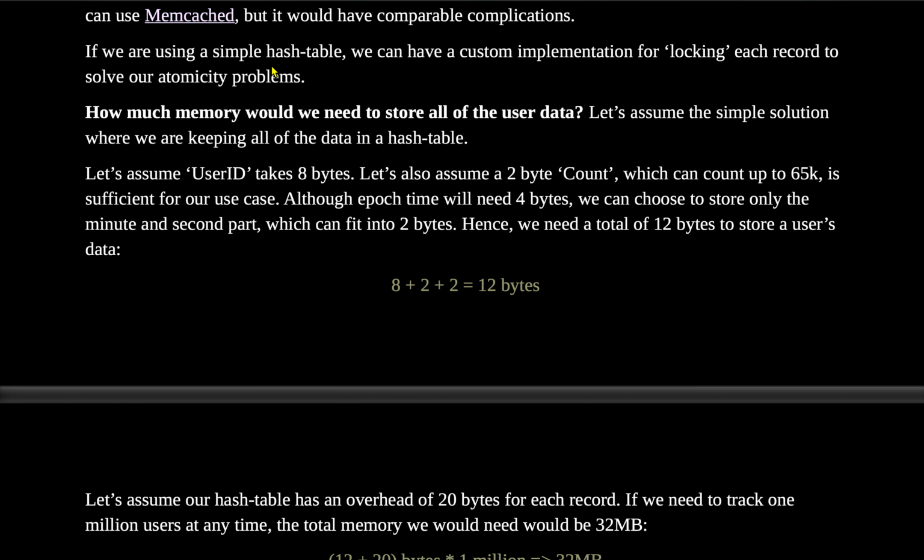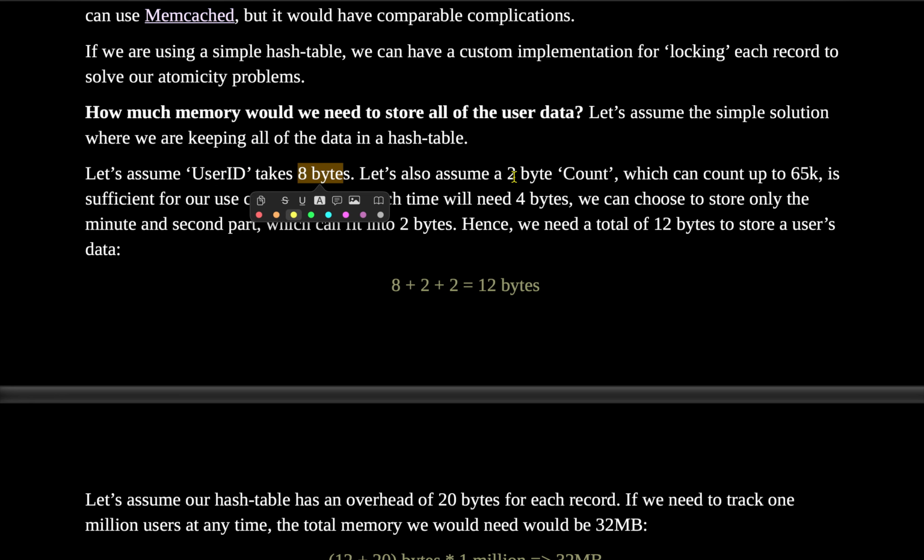Cool, we can do that, but how much memory would we need to store all of the users' data? Let's assume the simple solution where we are keeping all of the users' data in a hash table. Let's assume user ID takes 8 bytes.